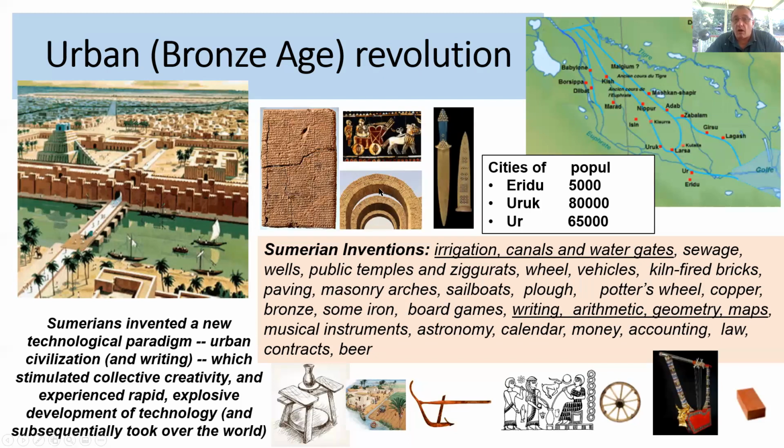Then arcs, construction of canals, agriculture, wheels, musical instruments, beer, and many other inventions, arithmetic. If you look at modern society, we still use 60 as a base for some time units. Say, one hour has 60 minutes. It comes from Sumerian society, which existed over 5,000 years ago.